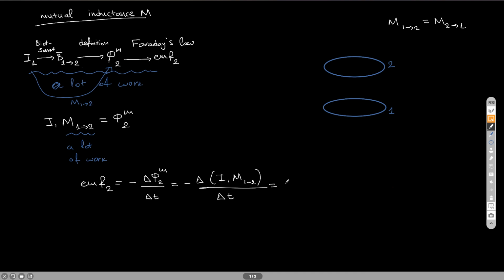And then I know that I have to use the product rule, where I have the change in I1 over delta t times the mutual inductance between 1 and 2, plus I1 times the change in the mutual inductance between 1 and 2 over delta t. But this is a number, and this number is a constant, so this is 0, and this means that Faraday's law, using the concept of the mutual inductance, takes this form.